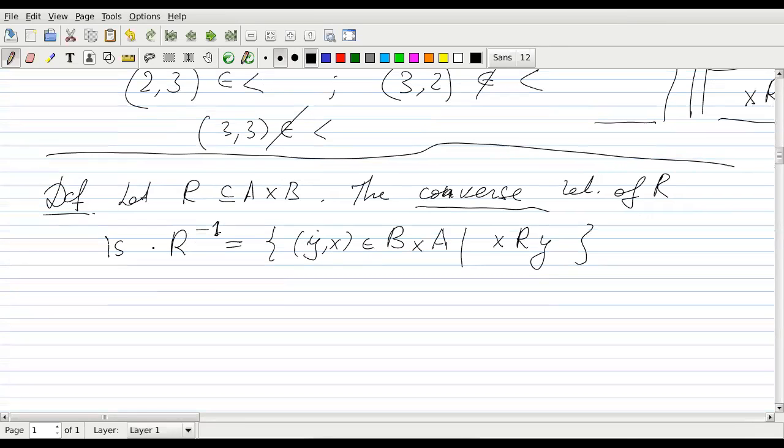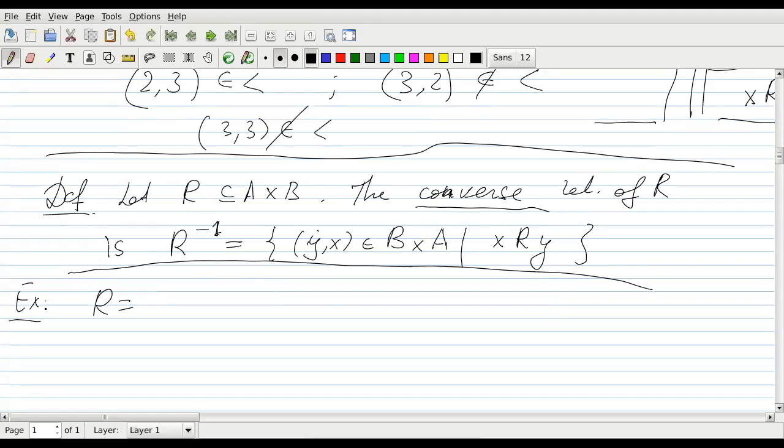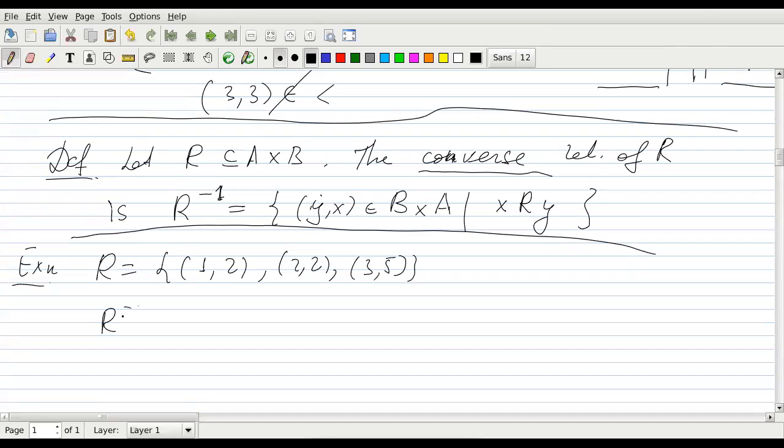So you just overturn every pair in R. As an example, if R was just (1, 2), (2, 2), and (3, 5), the converse is what? (2, 1), (2, 2), and (5, 3).